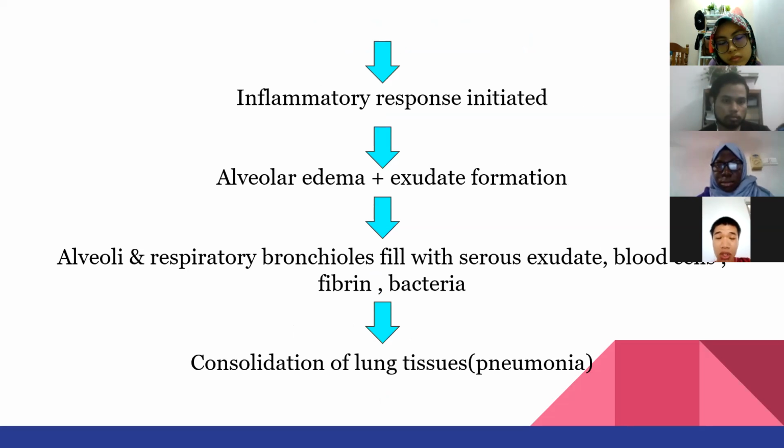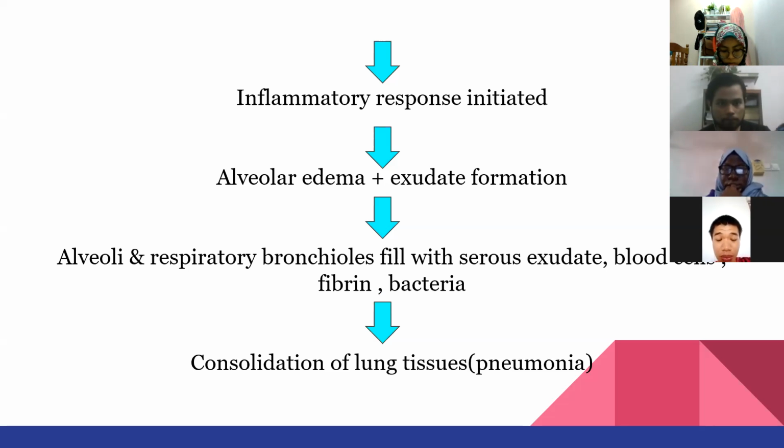So when this Salmonella bacteria reach the lungs, it initiates the inflammatory response, which includes those nodules we have seen in previous slides that we can observe through the radiograph. After the inflammation, it is common that there will be alveolar edema and exudate formation.